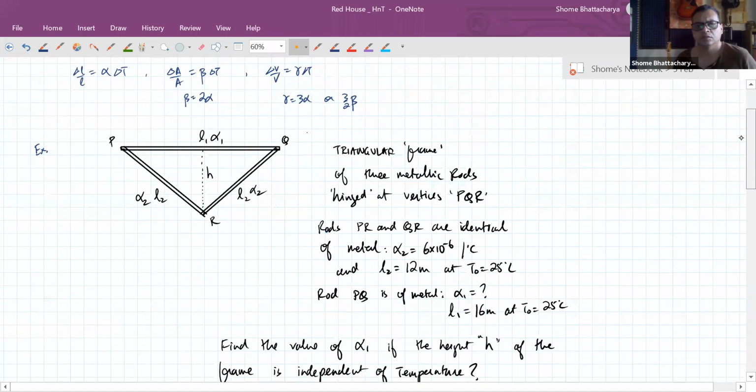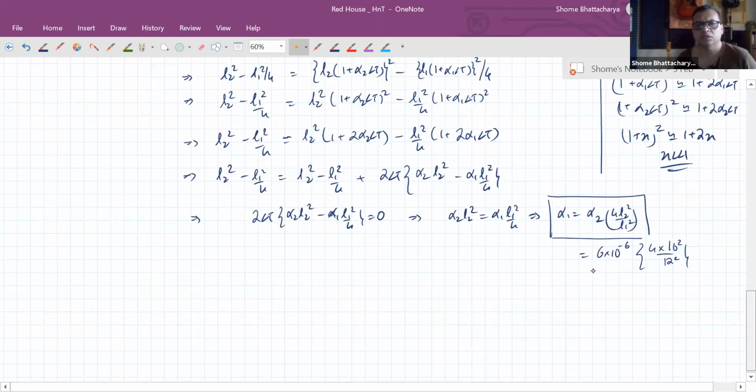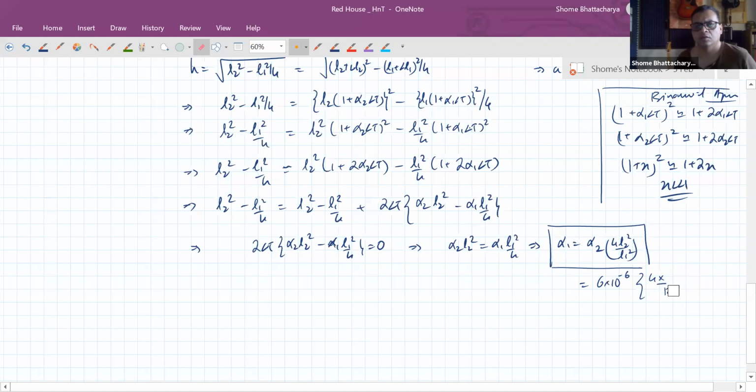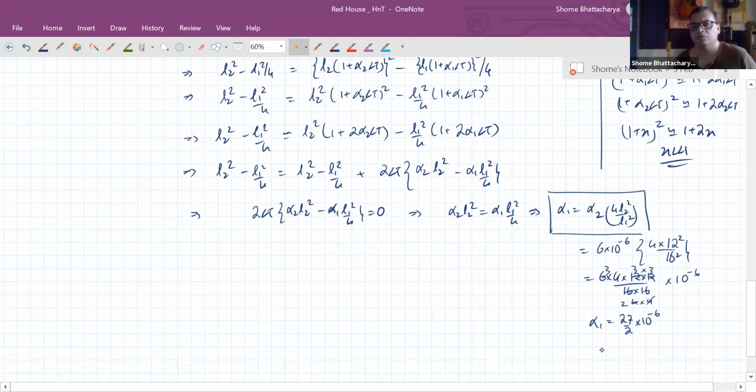Sorry, L2 is 12 and L1 is 16. This is what I am getting for alpha 1. You can just check out my solution.